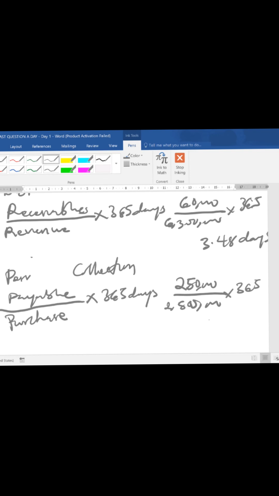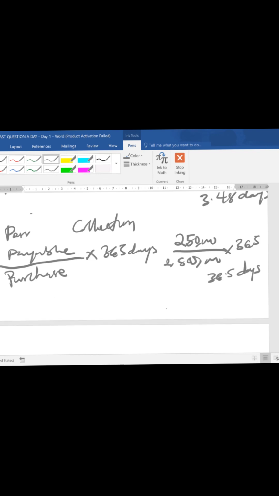And our answer is 36.5 days, which is bad because it takes us 3 days, which is actually good. It takes us 3 days to collect our money from those who are owing us, and it takes us 36 days to pay. So we can just work with the money for some time. Now let's move on to the next ratio.